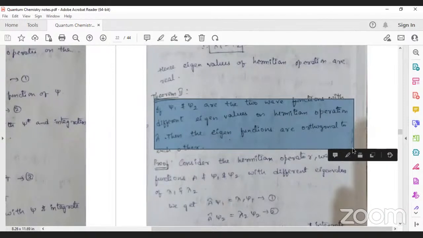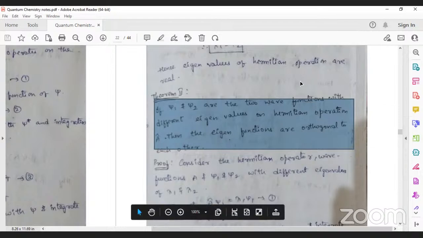Therefore, we can say the eigenfunctions are orthogonal to each other. That is the condition we are going to show: the integral of psi 1 into psi 2 d tau is equal to 0. That is the proof of the second theorem.